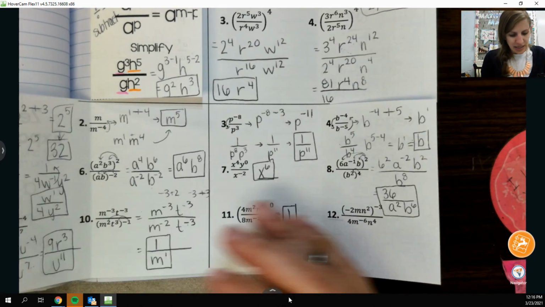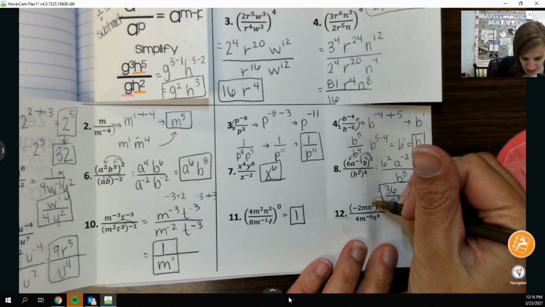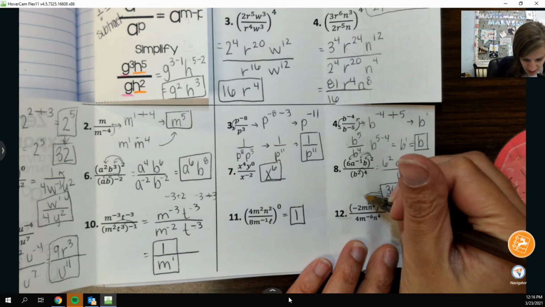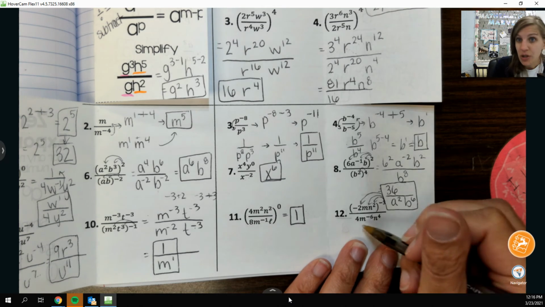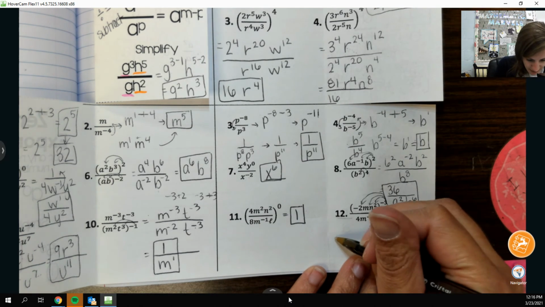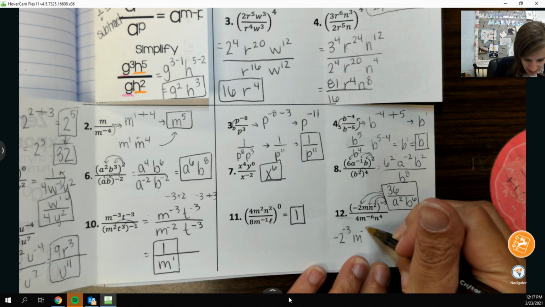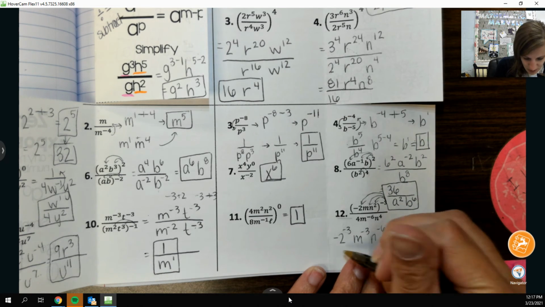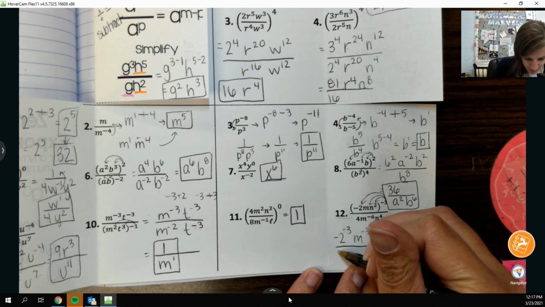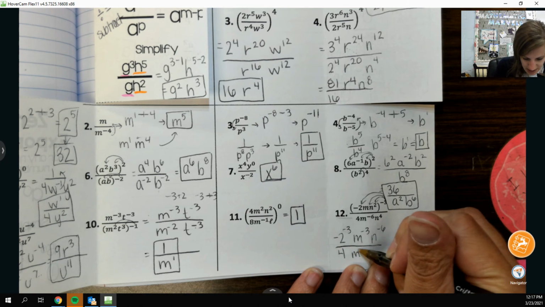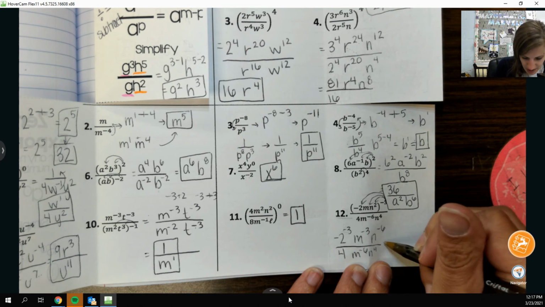Okay, last but not least, we're going to distribute this negative 3 exponent. But there's no distribute on the bottom. So we'll have negative 2 to the negative third, m to the negative third, and n to the negative 6, because when I distribute, I multiply. And I got 4, m to the negative 6, n to the fourth.